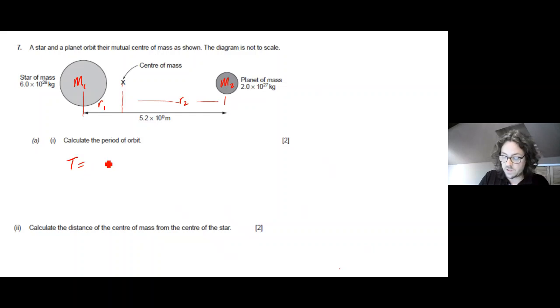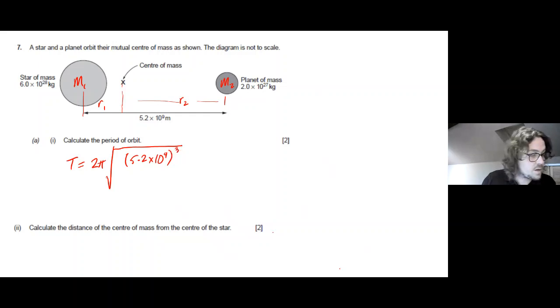Well, this is nice. We can just use our big old formula and pop our numbers in. On top here, we've got D, which is 5.2 times 10 to the 9, the distance between the two, and that's all cubed.